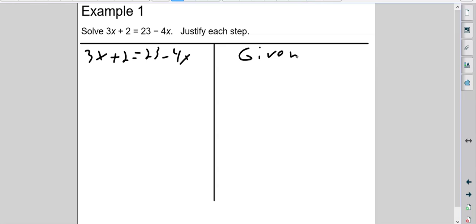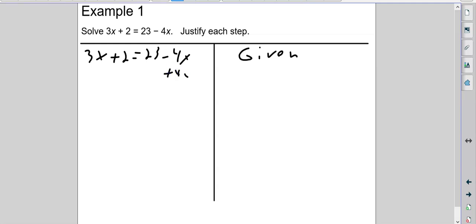Now, you have choices here, okay? It doesn't matter what you do first. You might choose to get rid of the 2. You might choose to get rid of the 3x by subtracting from the left to right side. You might decide to move the 23 by subtraction or the 4x by addition. It's your call. You can move the letters first or the numbers first. It makes no difference. You'll get to the same answer.